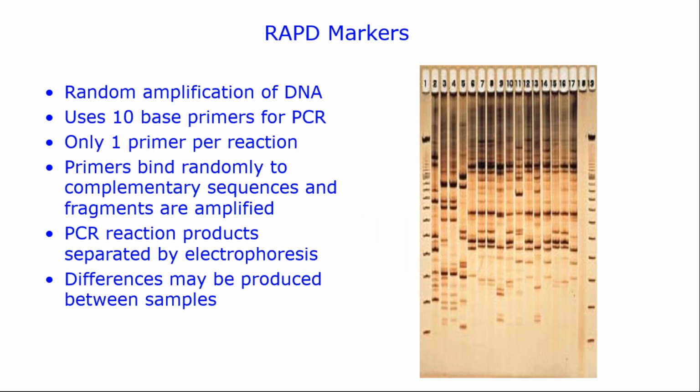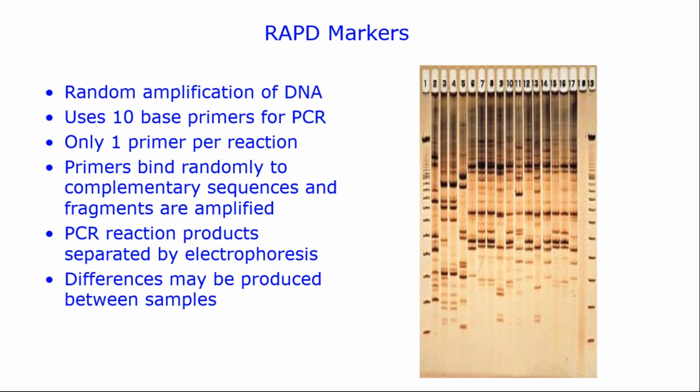So the other marker is the RAPDs. Here, this is the random amplification of DNA. We amplify the DNA by using random primers, which are all 10 base pairs, and we use only one primer per reaction.